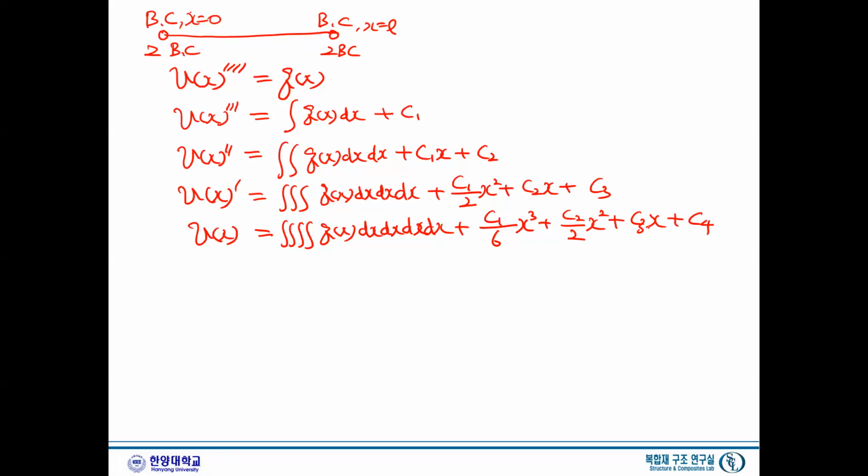Okay, so this is the solution we obtain by integrating four times.